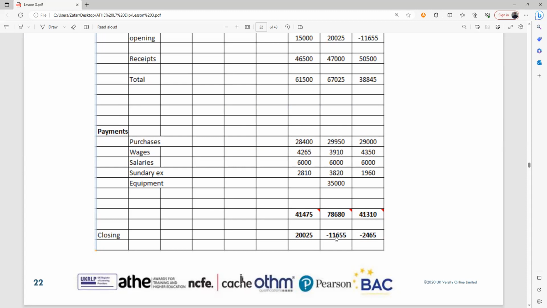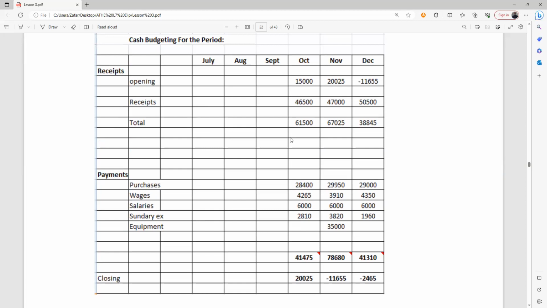So this will be giving you a minus value of 11,650. Receipts are 50,000, so your total net receipts will be 50,000 minus 11,650, which will give you 38,800.